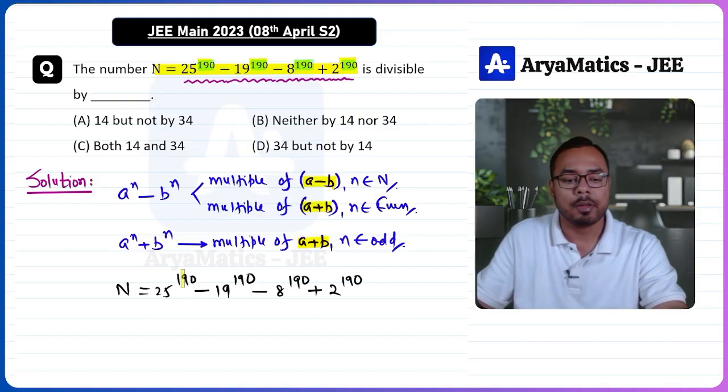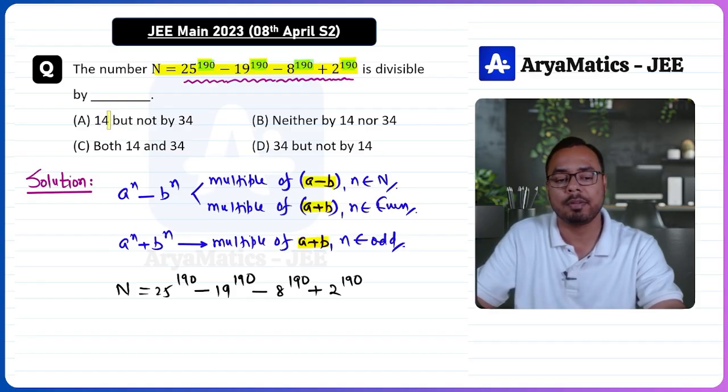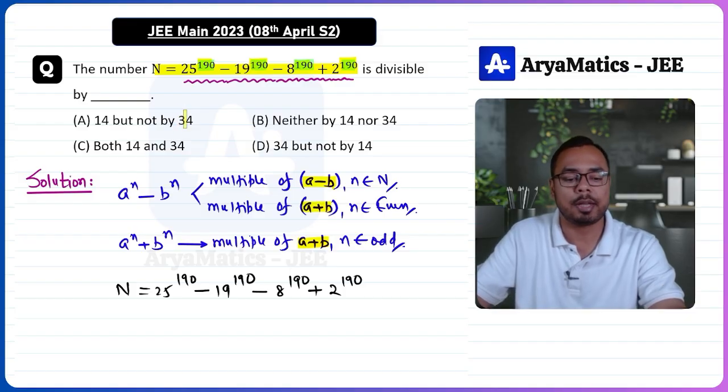Now, first of all, you can very easily check whether this number is odd or even, because a number will be a multiple of 14 if it is a multiple of 2 as well as a multiple of 7. Similarly, it will be a multiple of 34 if it is a multiple of 2 and a multiple of 17.